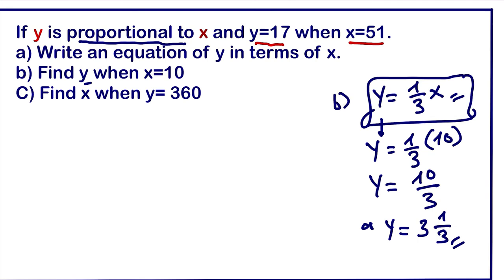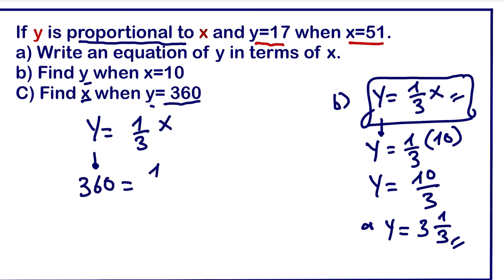So let's focus on C. Next we are asked to find x when y is 360. So if we write our equation again, y is equal to 1/3 x. We are asked to look for x when y is 360, so we write 360 equals 1/3 x.